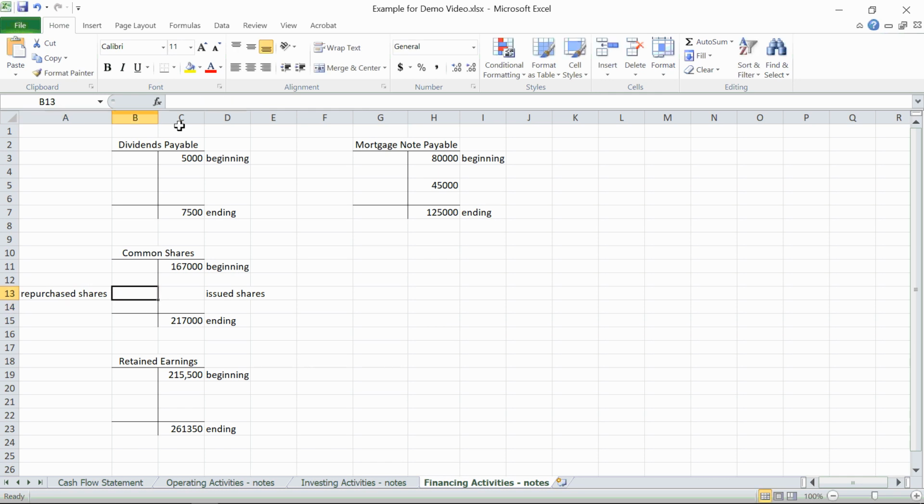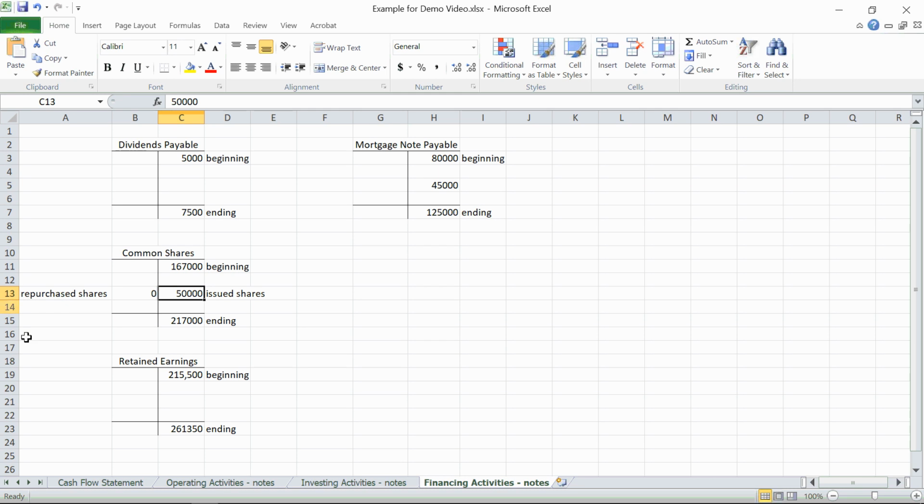That's where you would repurchase shares. Now, we also know from the additional information that common shares were issued for $50,000. And 167,000 plus 50,000 does equal 217,000, so nothing has happened on the left side of this account.